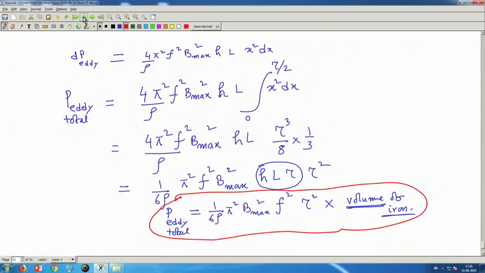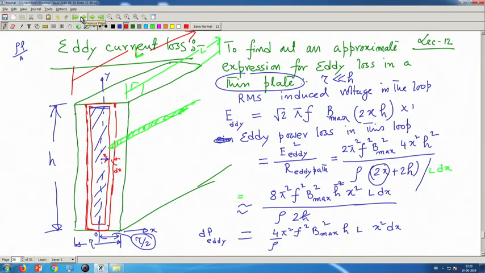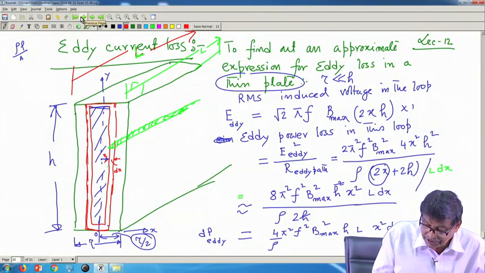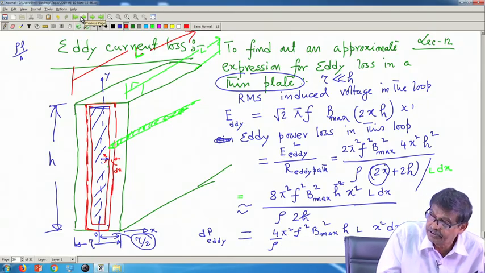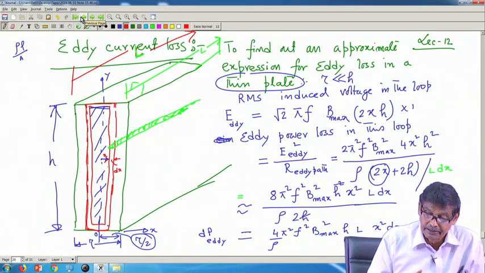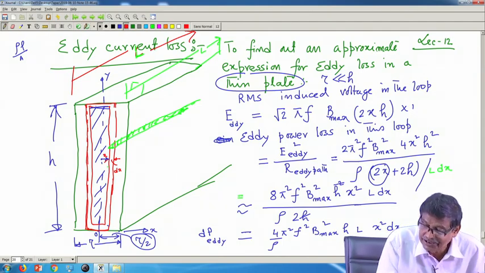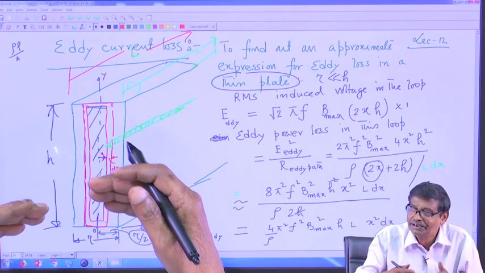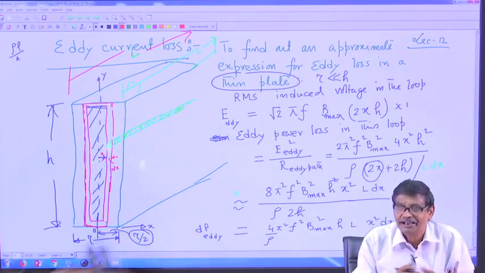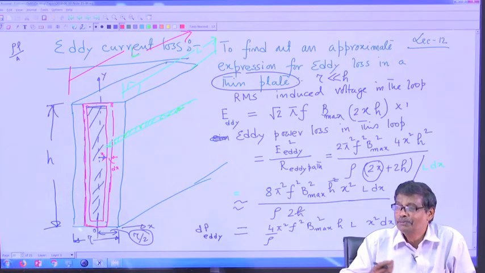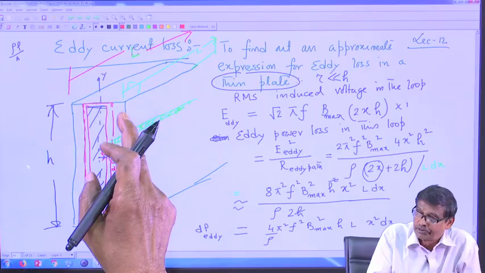Now, going to the previous page, you also notice I have assumed another thing. When I varied x, I have considered the loop not like this, but it covers the whole area as you vary x. But not only that, when x varies, this portion remains the same, as if I have calculated that area many times. But whatever I am estimating, I will be estimating slightly higher, it is no harm. So, there is another approximation.